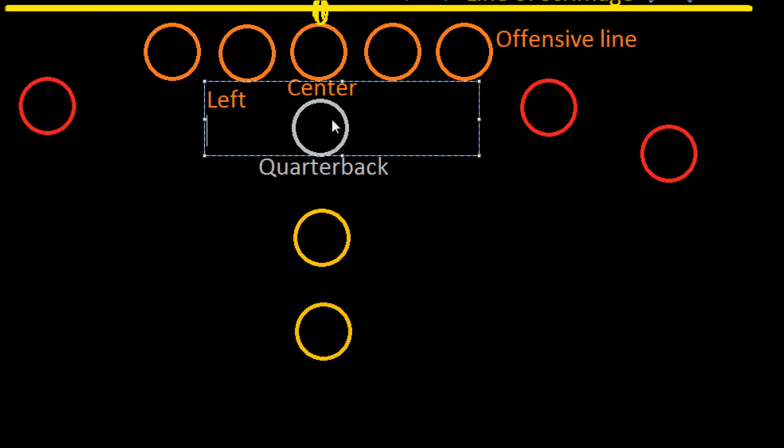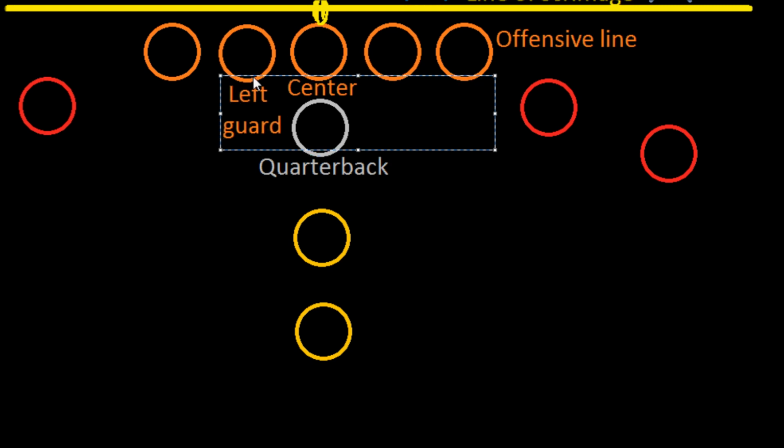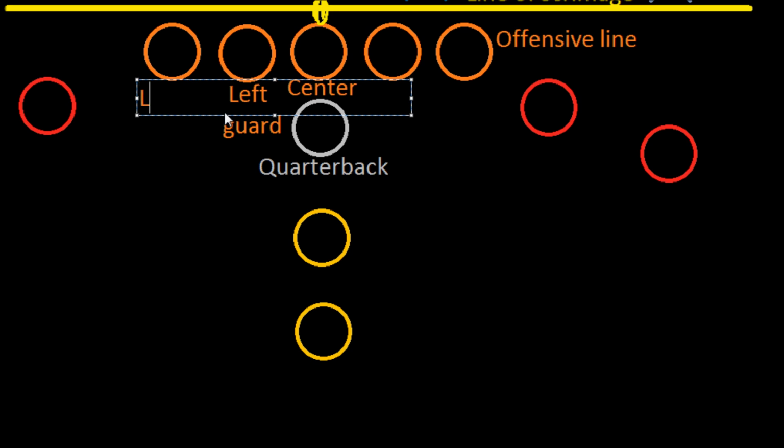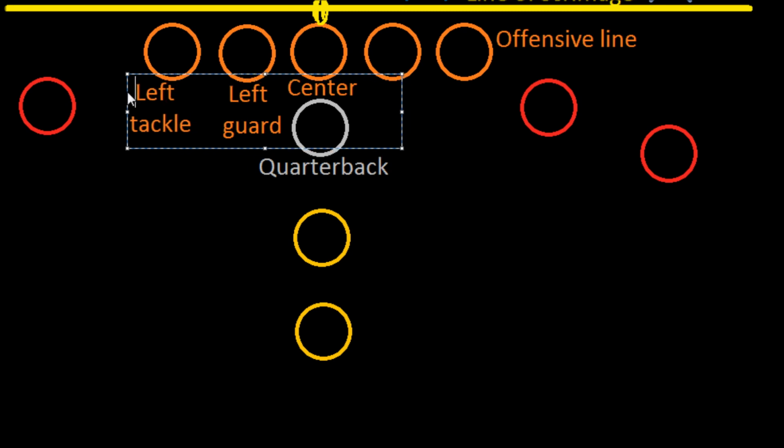So on the left side, we're going to have our left guard, who stands right beside the center to his left, and then we're going to have the left tackle. So this is different tackle than what we'll be talking about soon as far as tackling a player. That's just the name of his position.